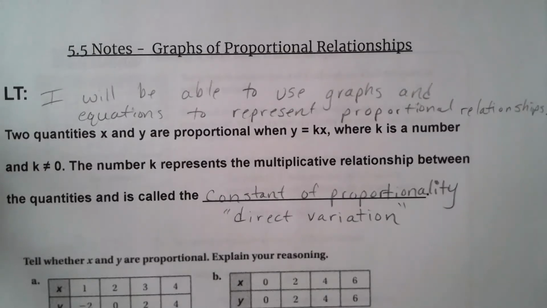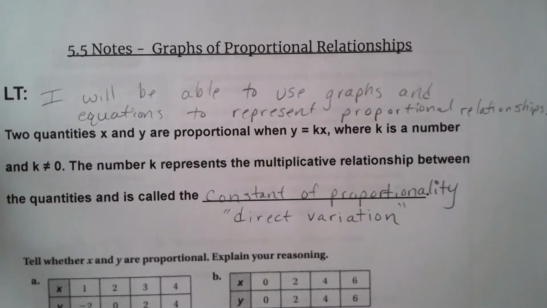So that is a constant of proportionality. But if I come in and buy a pound and I'm charged $5.25, and then you come in and you're only charged $3.25, there is not a constant of proportionality.